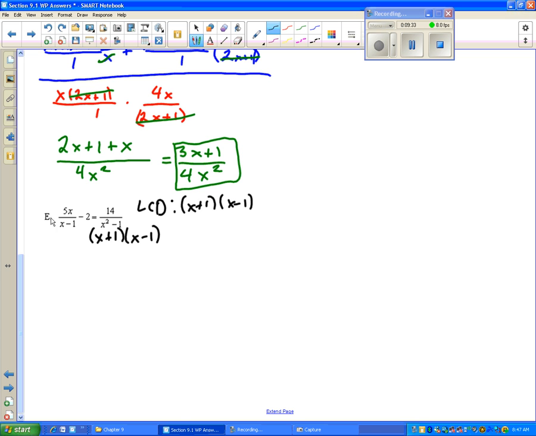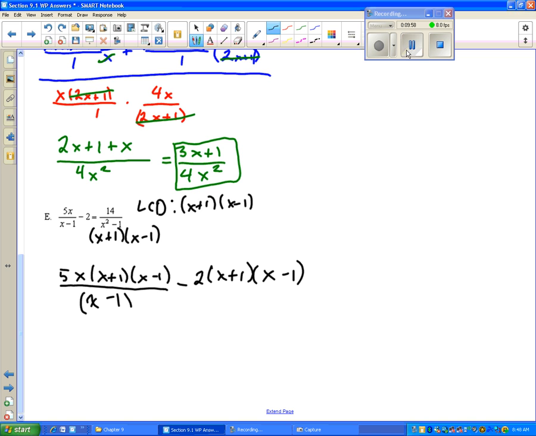Well, let's go to the first term. I have 5x that I'm going to multiply by x plus 1 times x minus 1. That is, of course, over x minus 1, minus 2 times my LCD of x plus 1, x minus 1. The minus 2 doesn't have a denominator, so I don't put anything underneath.